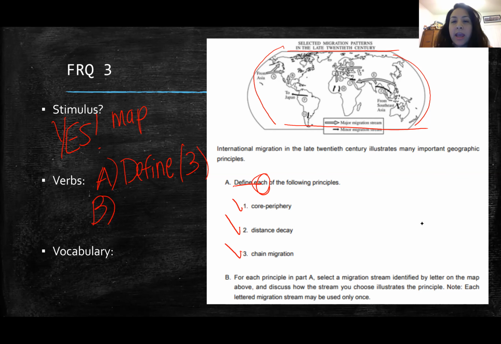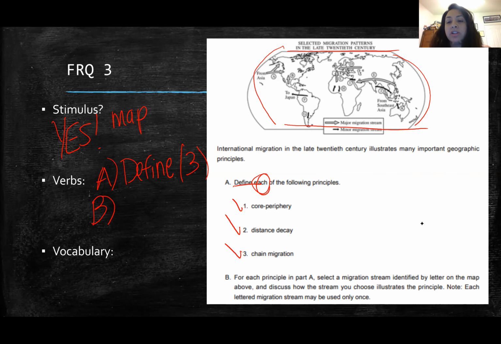Right here is letter A, and you see that's a big thick arrow, and on the map legend, the big thick arrow is a major migration stream. So letter B from Mexico into the US is another major migration stream. Letter C from North Africa to Europe. Letter D from Asia into Western and Eastern Europe. And then letter E from Asia to Southwest Asia. Okay, those are all major migration streams.